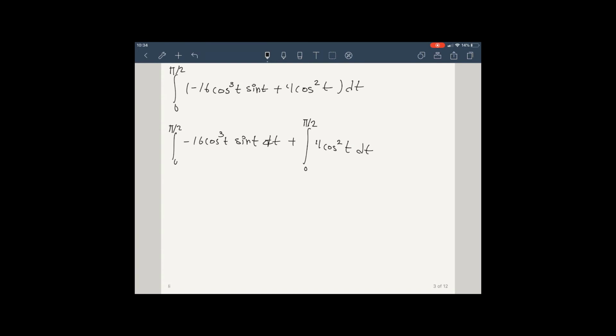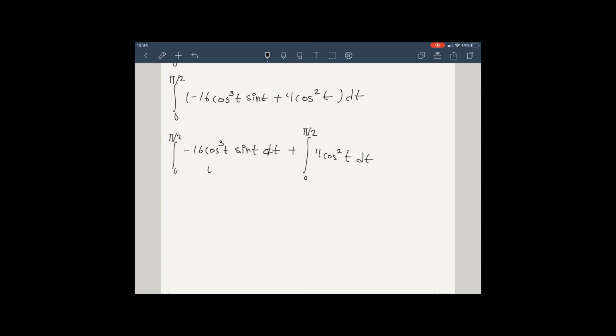Integrating the first one, if I let u equal cosine t, then my du becomes negative sine t dt.